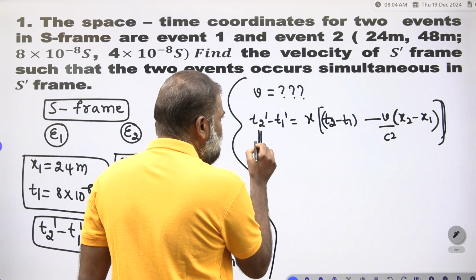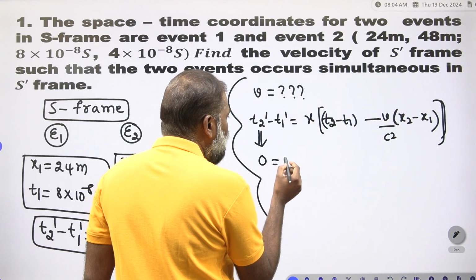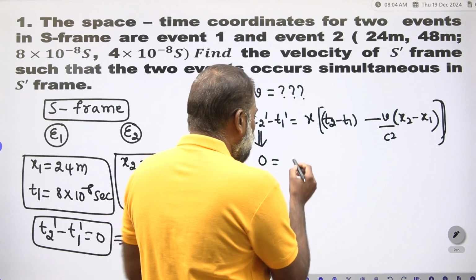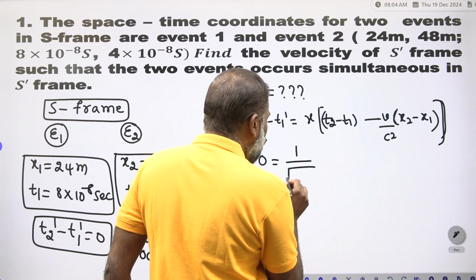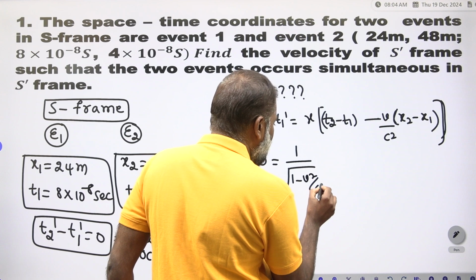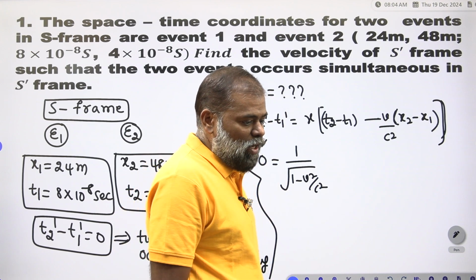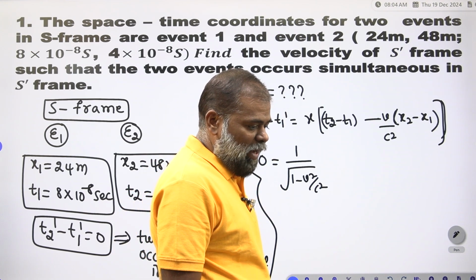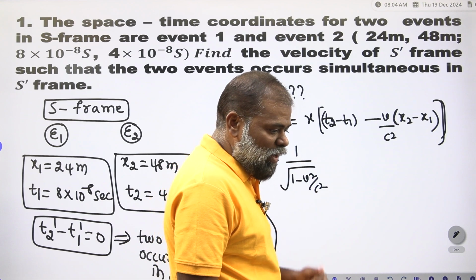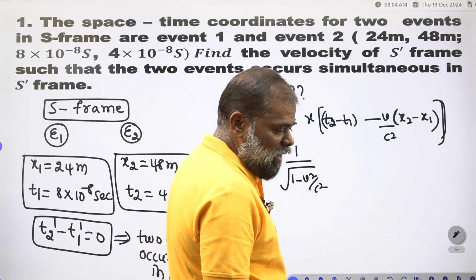So T2 dash minus T1 dash is equal to 0. Gamma is equal to 1 by square root of 1 minus v square by c square. You have to take that value, right?